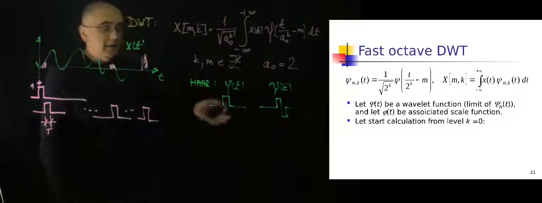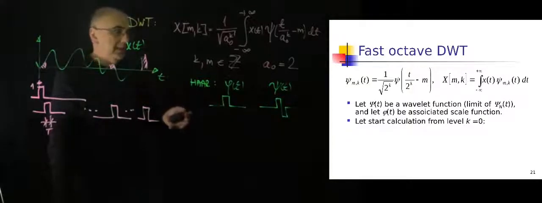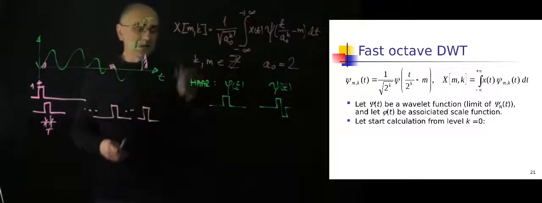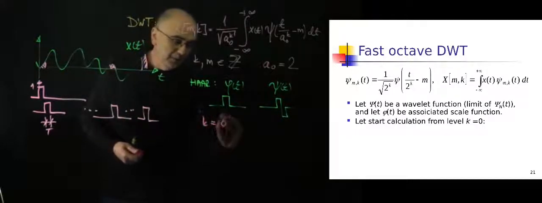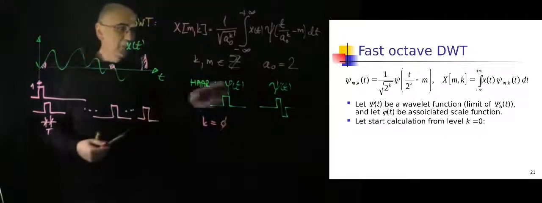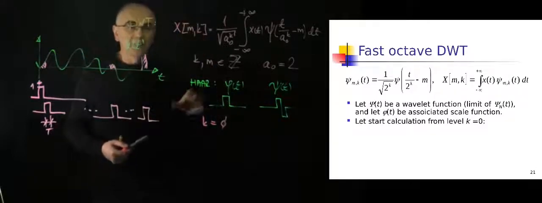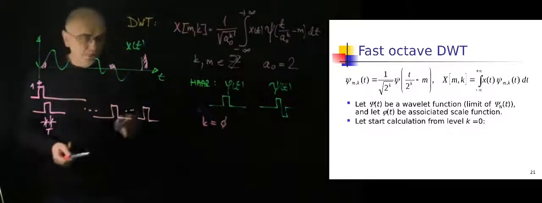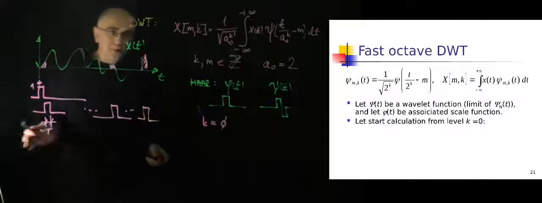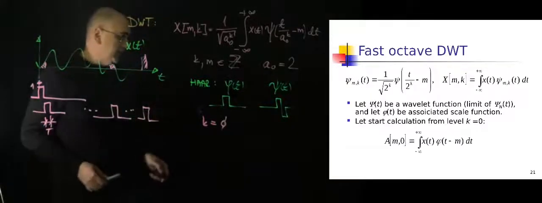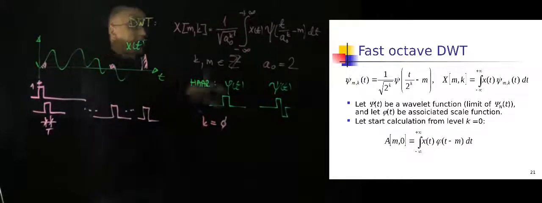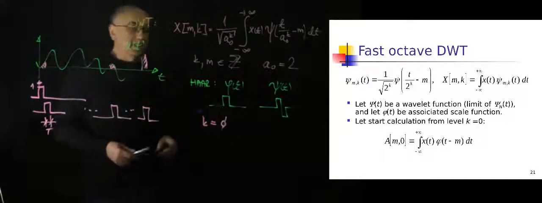I start from some initial scale, initial k, and I can define it to be 0. So I'm using the scale in its initial form, shifting it all over the time axis, and I just write down the results.